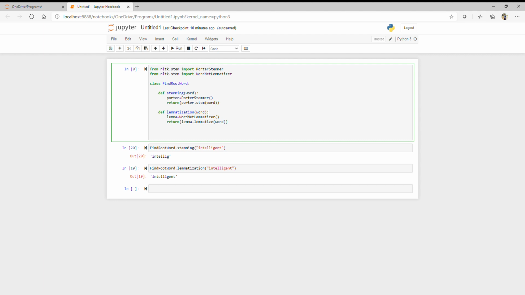So, if you see, I have written a small class, and that class name is find root word, and inside that class we have two methods basically. One is for stemming and another one is for lemmatization. For stemming I have imported porter stemmer, and that porter stemmer method is present inside the NLTK library.